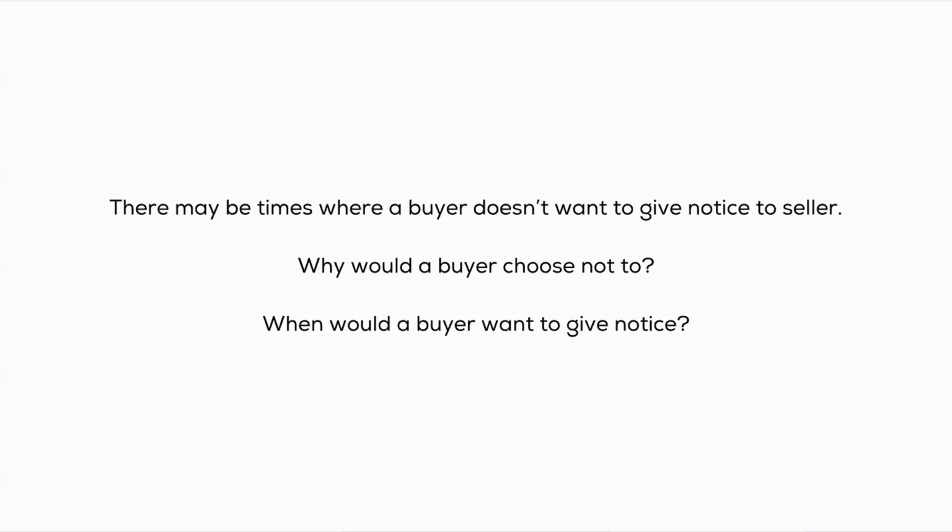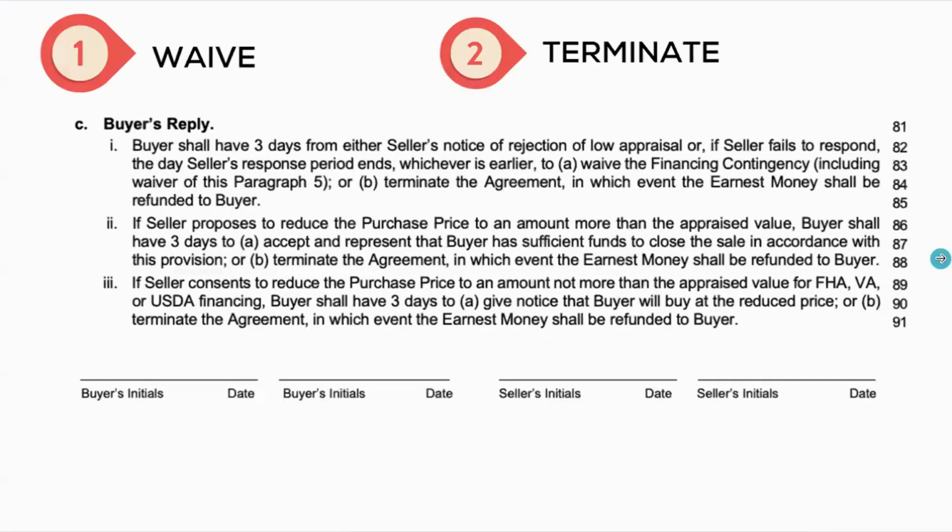In each situation, you're going to have to figure out what works best for your client. At the end of the day, when it comes down to the appraisal, once you've given notice, you have two options. You can either waive the financing contingency, or the buyer can walk away with their earnest money.